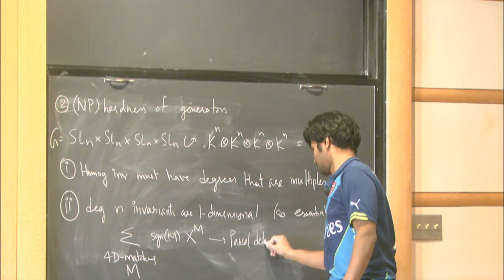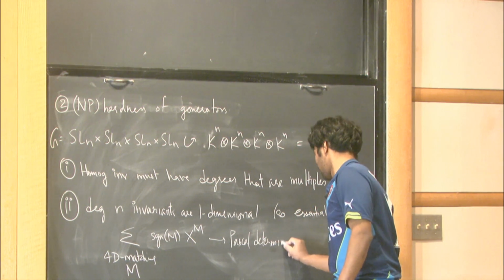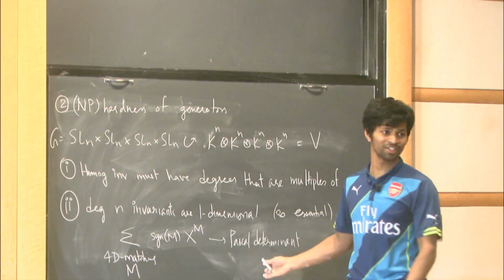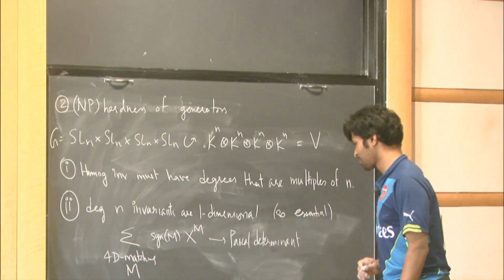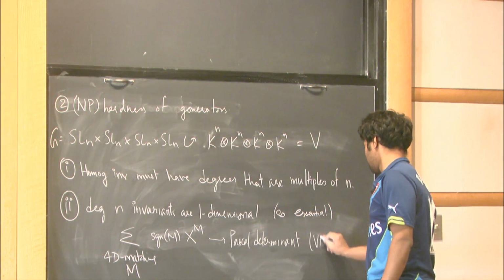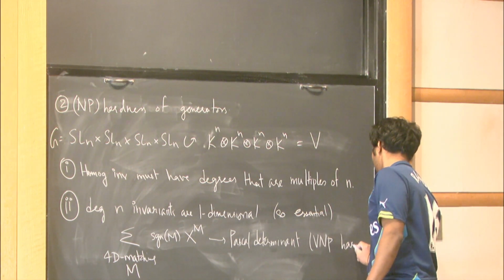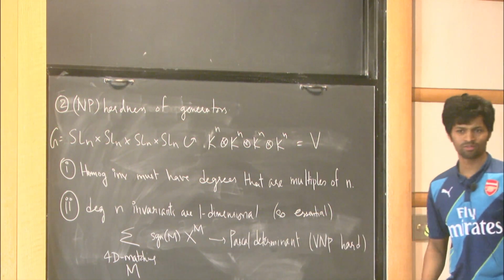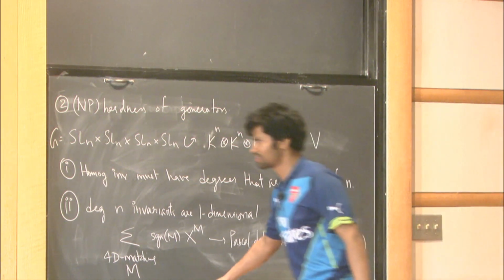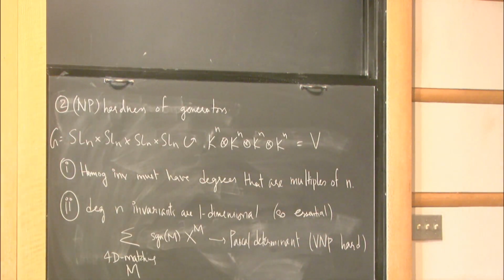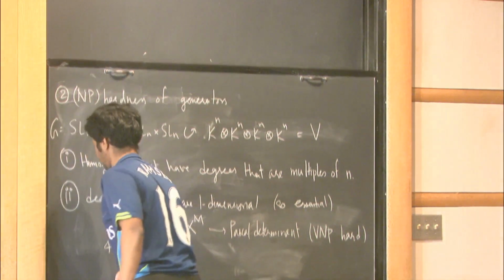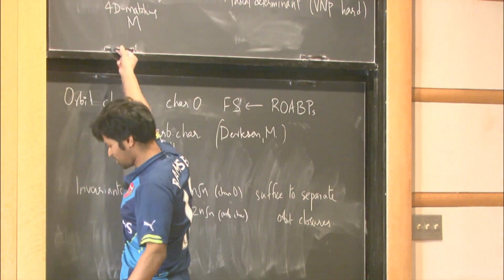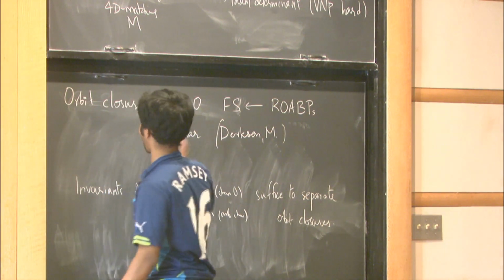I only learnt of this recently, so I do not know what exactly this has to do with some other branch of math. And the point is that this is VNP hard. Now if you don't know what VNP hard is, forget about it. Just know that it's hard to compute. And let me tell you something else that will convince you that it's a hard to compute invariant.